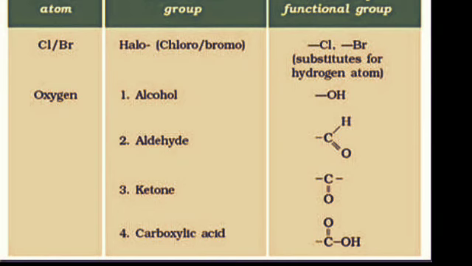You have learned about the hydrocarbon compounds which are formed by the combination of the elements hydrogen and carbon. Many more types of carbon compounds are formed by formation of bonds of carbon with other elements such as halogens, oxygen, nitrogen, sulfur.